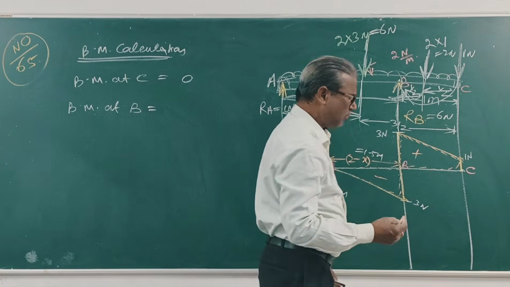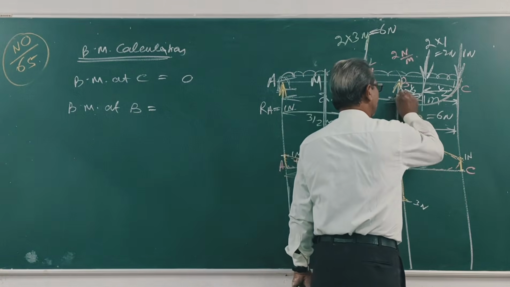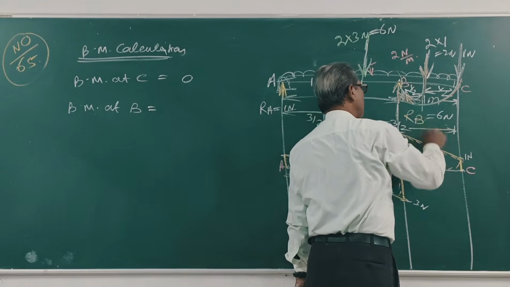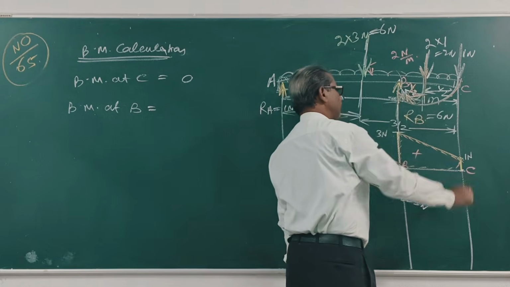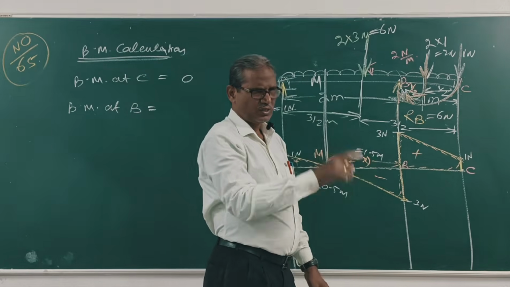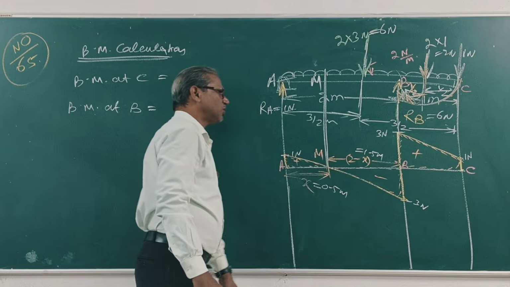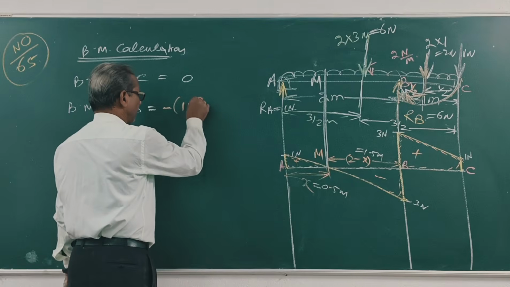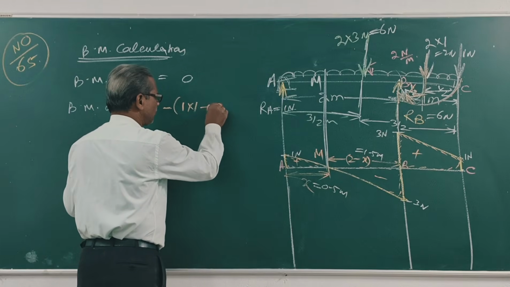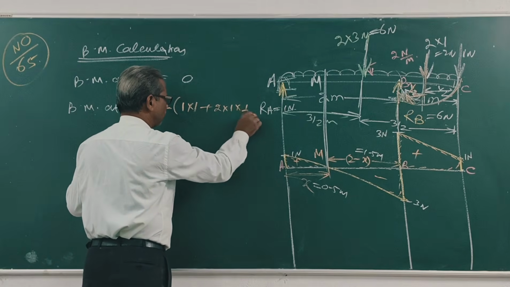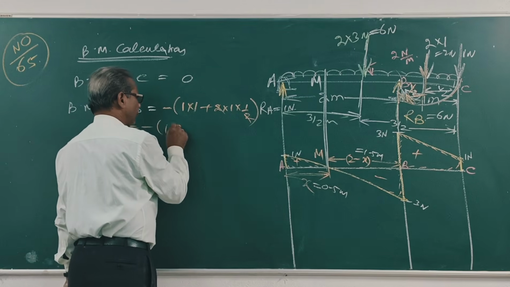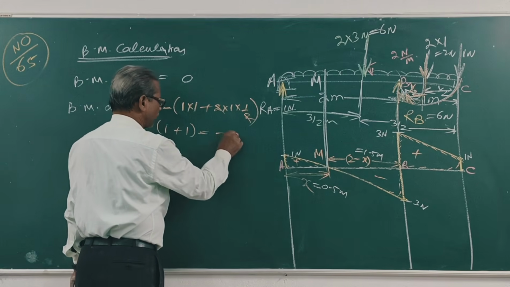So 1 plus 2 into 1 into 1 by 2. Both are negative, both are downwards, both are negative. So minus 1 into 1 plus 2 into 1 into 1 by 2 is equal to minus 1 plus 1, minus 2 Newton meter.